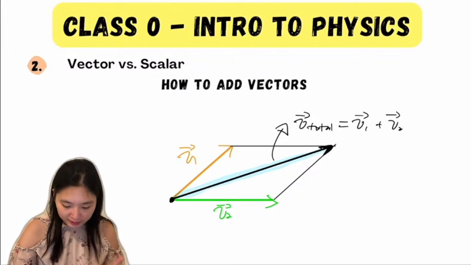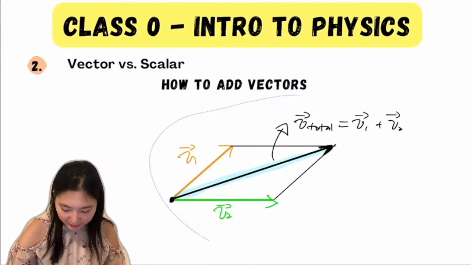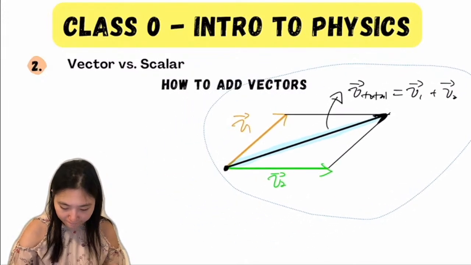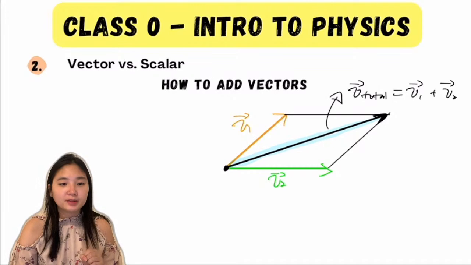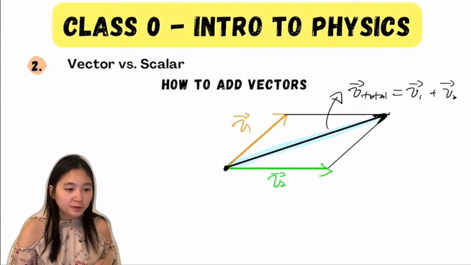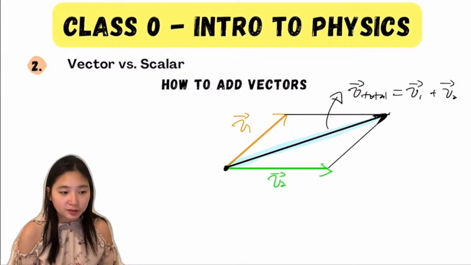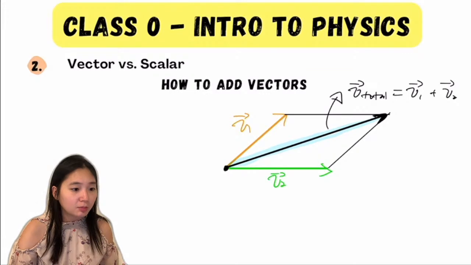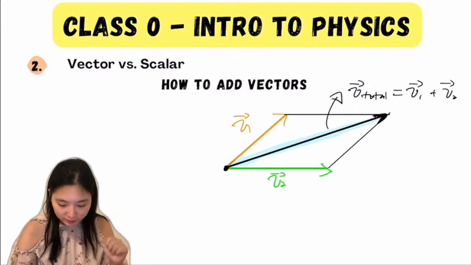And then the second way is going to be the tail to tip method. The tail to tip method can actually be more useful, because it can apply to more than 2 vectors, while the parallelogram method applies to only 2 vectors.